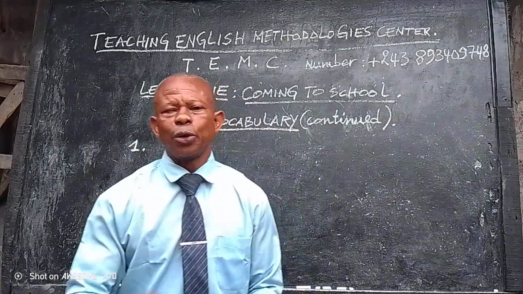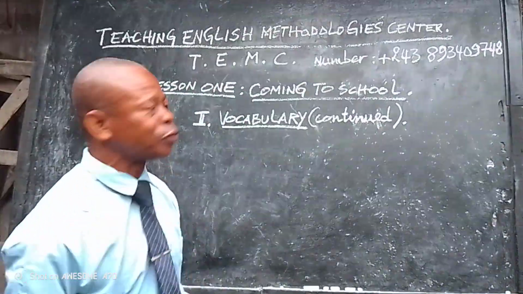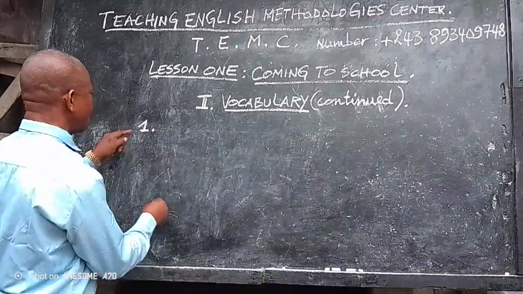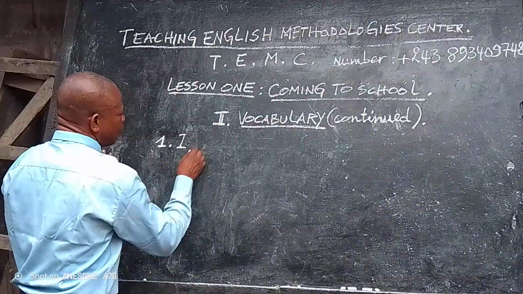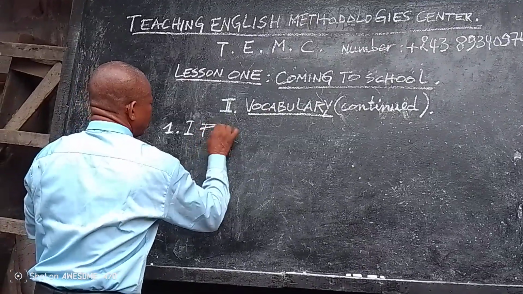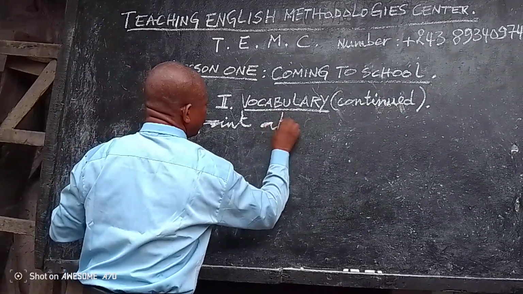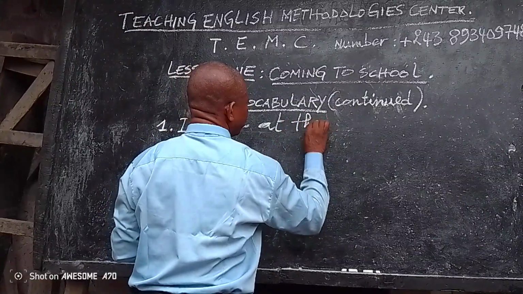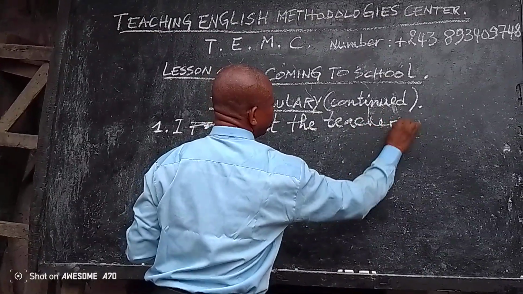Now, you take the piece of chalk and you write model sentences on the blackboard. One, we have: I point at the teacher.